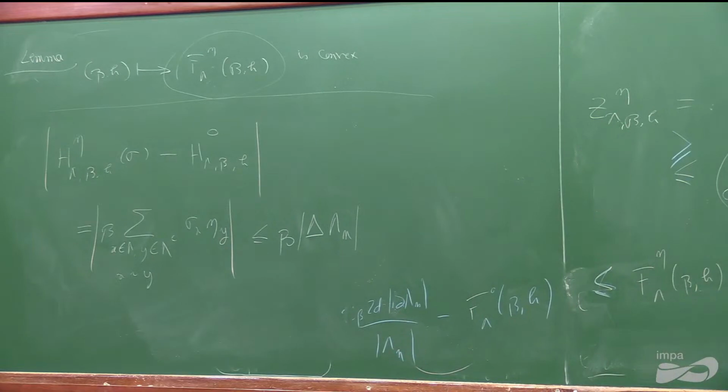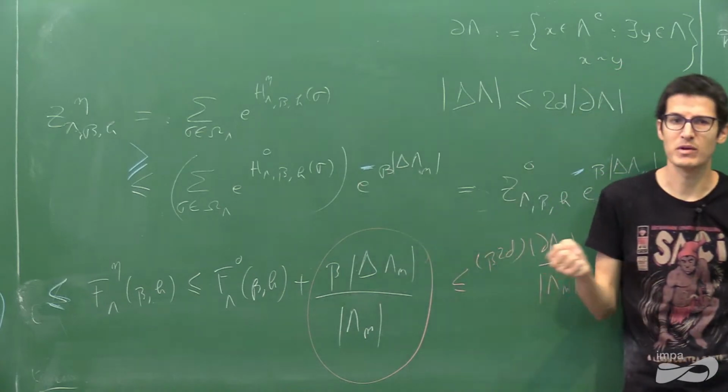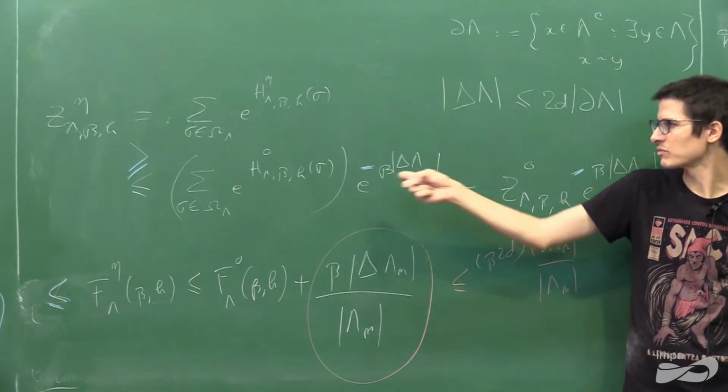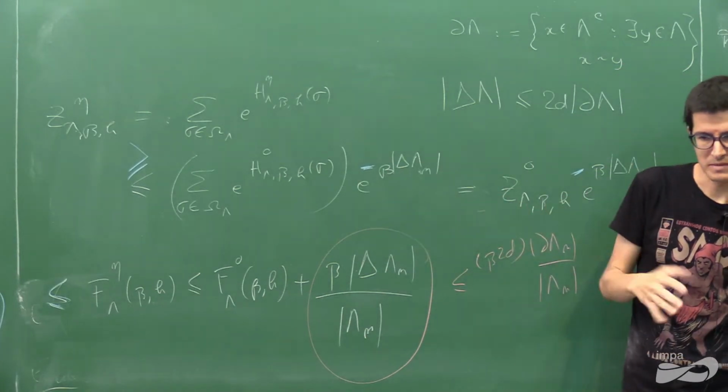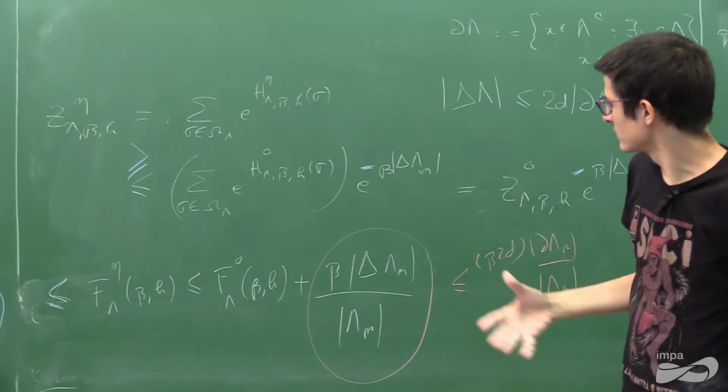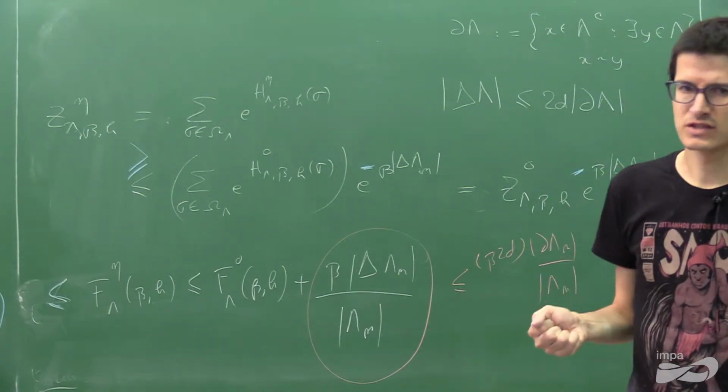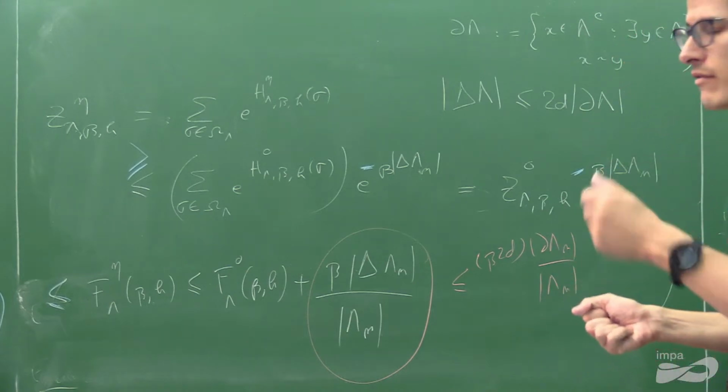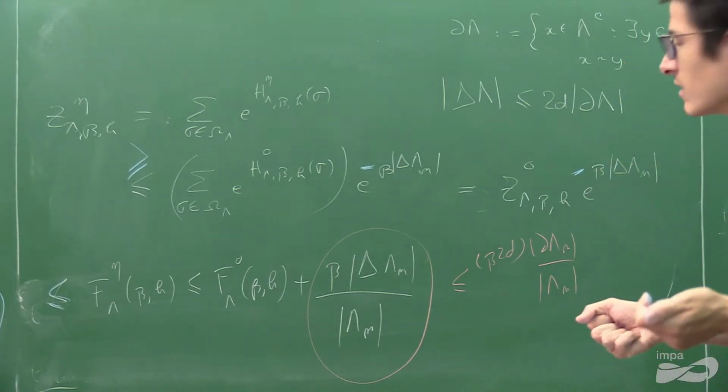Of course, we are a bit rough in the way we are taking inequalities, but the level of imprecision is just a matter of a multiplicative constant.